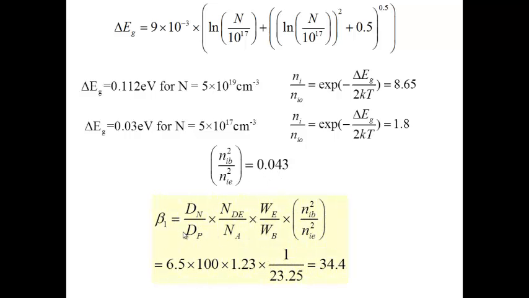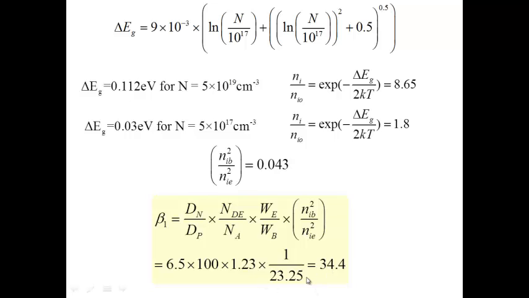Now if I go back to my gain, note that I was saying gain is NIB square over NIE square. These were the factors that I had written out earlier, 6.5, 100, 1.23. They were giving me a value of 800. But once I take band gap narrowing into account, it gives me a gain of 34.4. So you can see the importance of this phenomenon, band gap narrowing.